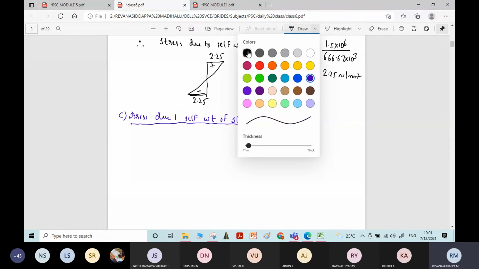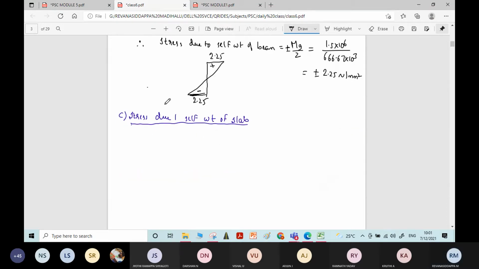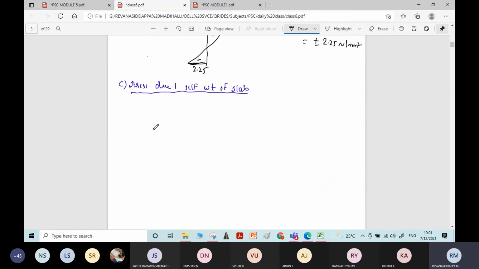Now you first find the self weight of the slab. It is similar to the previous step. Who will find the self weight of the slab?